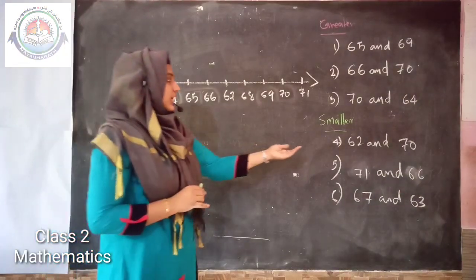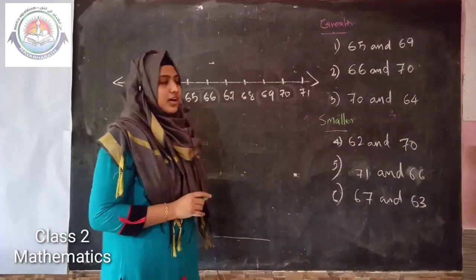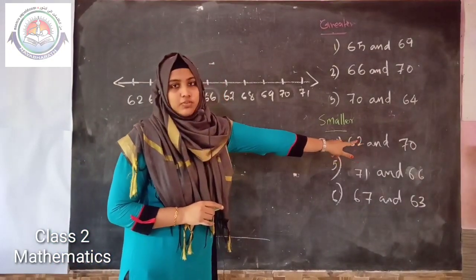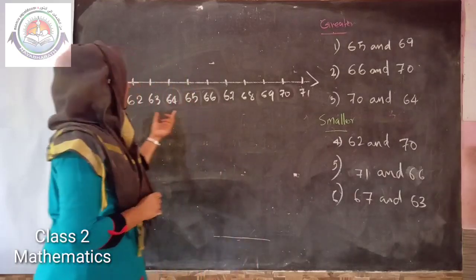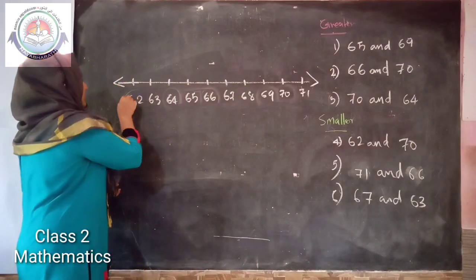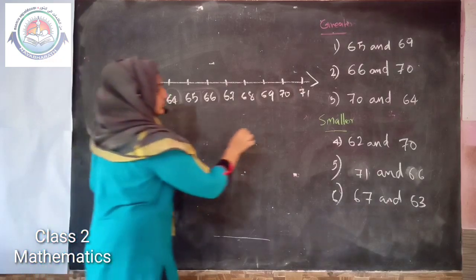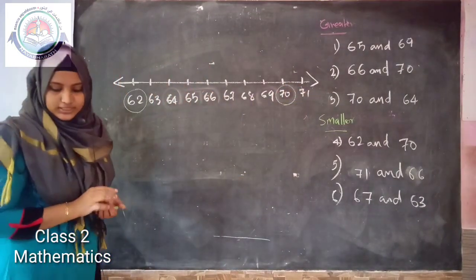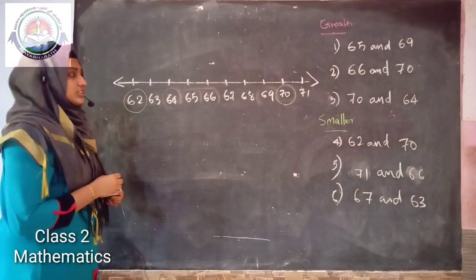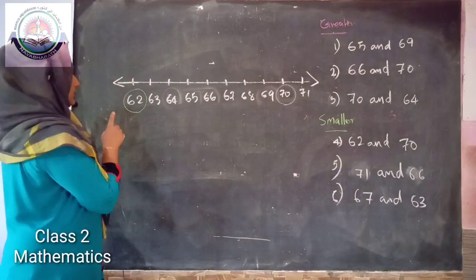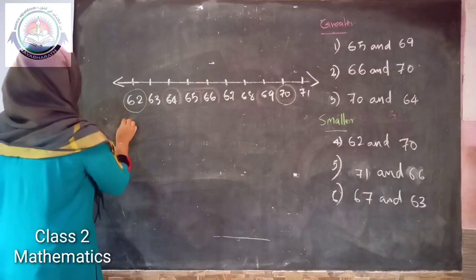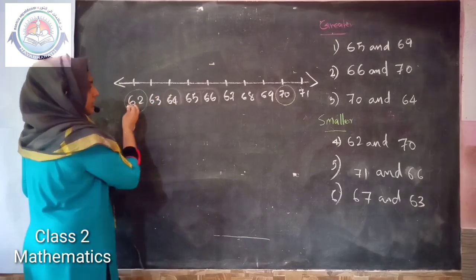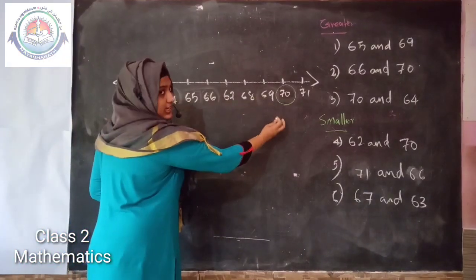Now we can say which number is smaller. In question number 4, 62 and 70. On the number line, 62 is here and 70 is here. So can you say which number is smaller, 62 or 70? 62 is on the left side of the number line and 70 on the right side.